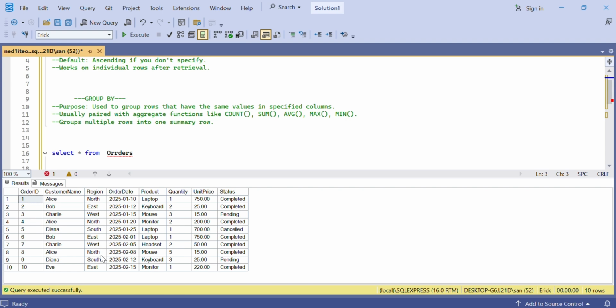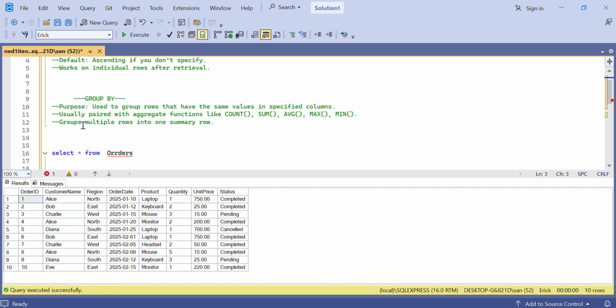The work of GROUP BY is to group the rows. For example, the rows containing north will be grouped together, and the rows containing east will also be grouped together.